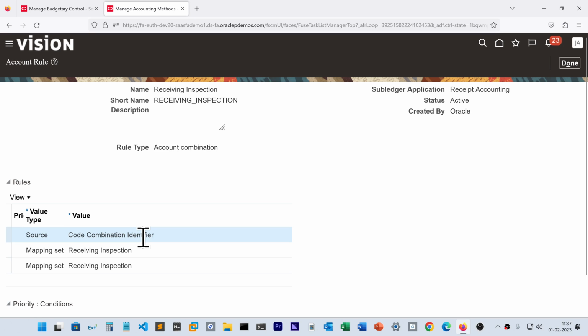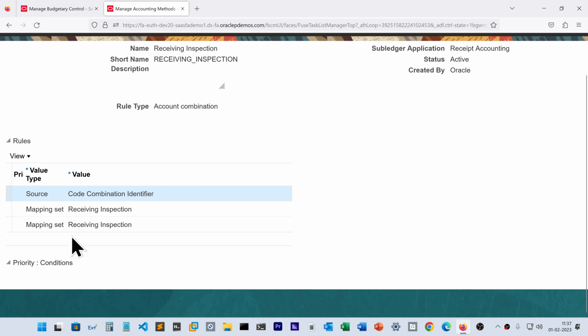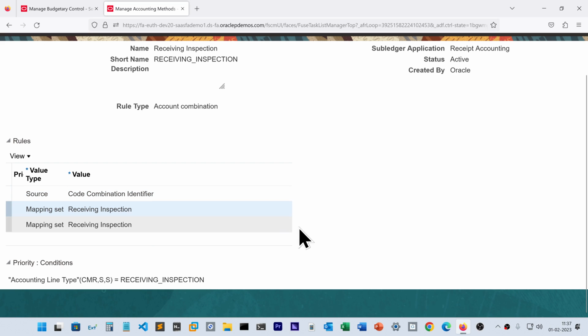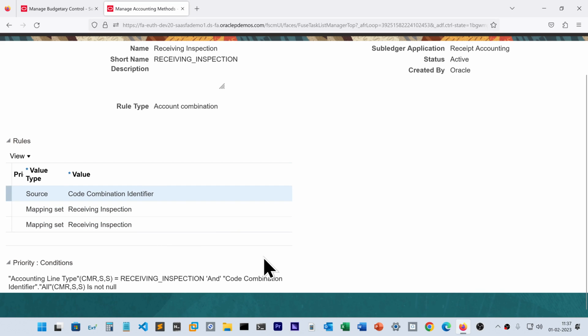If you see here, we scroll down further. This is code combination identifier, and this is receiving inspection. You can see the conditions. Go back to code combination identifier. This is some condition finally saying code combination identifier all is not null.